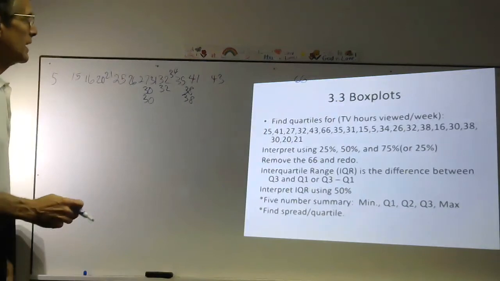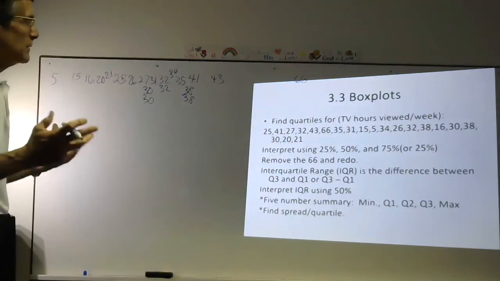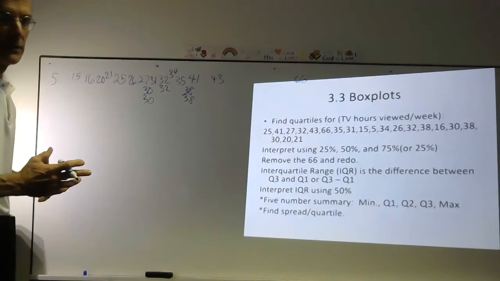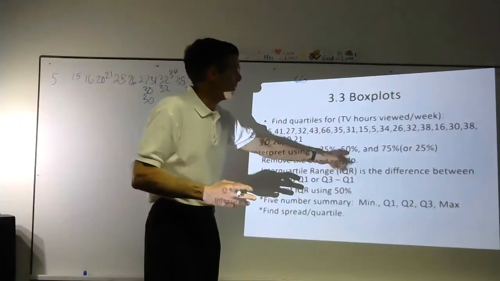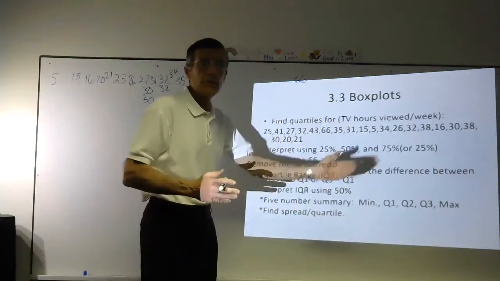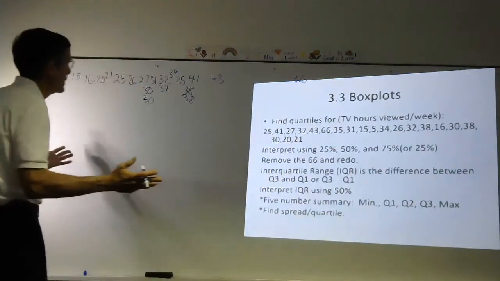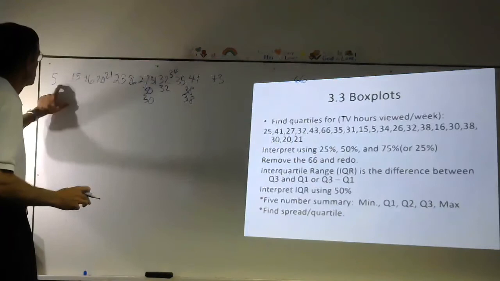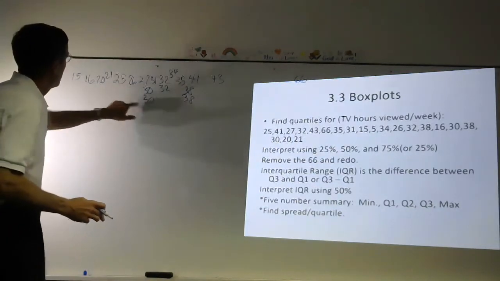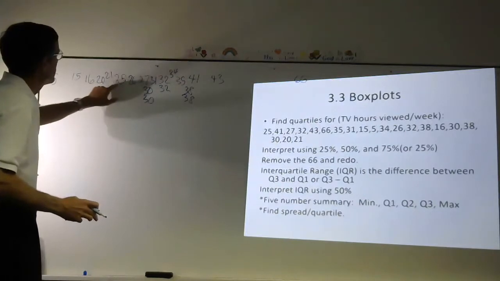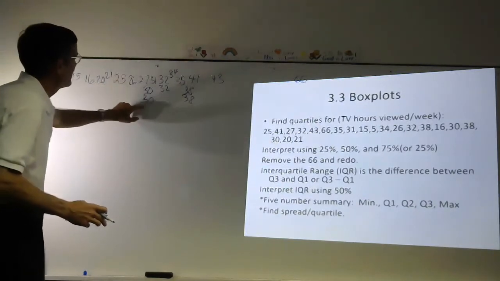Okay. Now, you've got to find the median of the data to find your Q2, which will separate the bottom half of the data from the top half. There's 20 items of data, so I'm going to count up 10 and down 10.